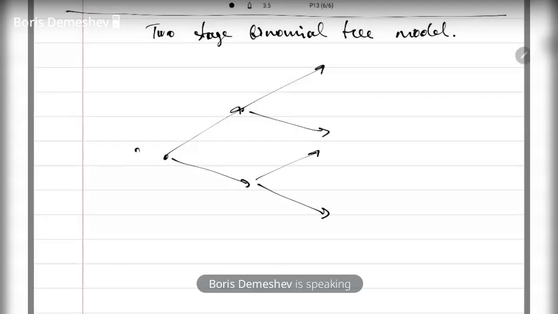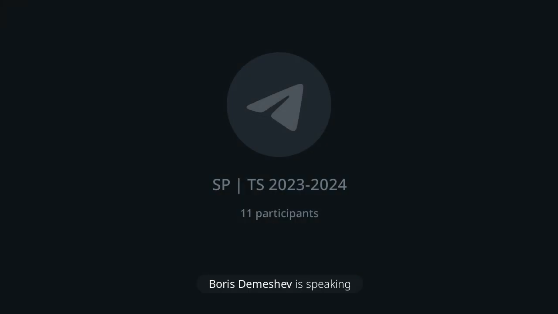We have initial share price S0, and we will introduce the real probability P, and we will calculate the artificial probability P star. So there will be two probabilities.